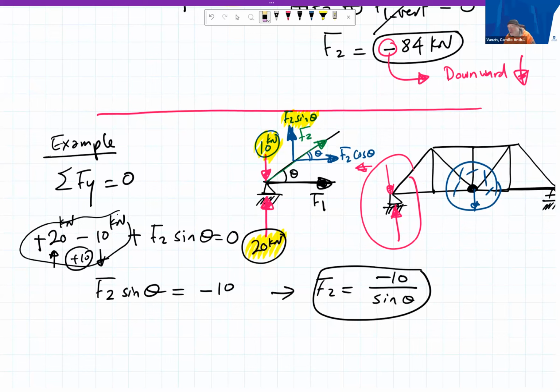But can I ask you a question? Sorry, I don't want to hold you up, but you see, you're taking F2 as a separate force in that top chord, or rafter. But I thought that the 10 kilonewtons bearing down on that point, isn't that load coming from the truss itself? Yeah, it may be coming from another part directly on the column, for example, a secondary beam or something else.